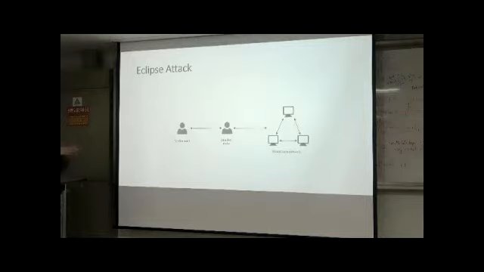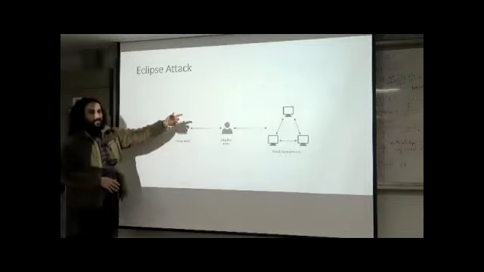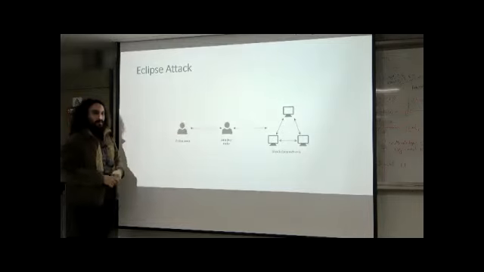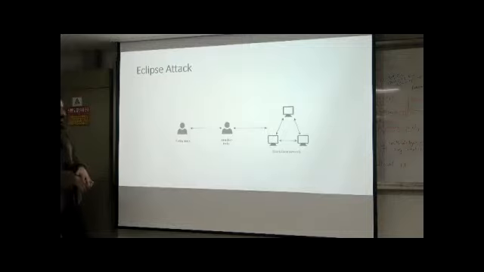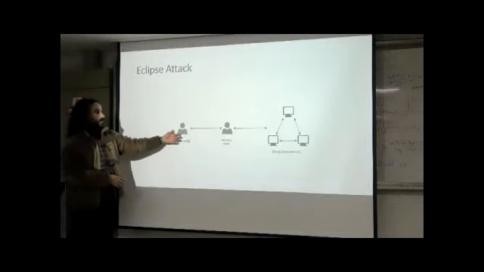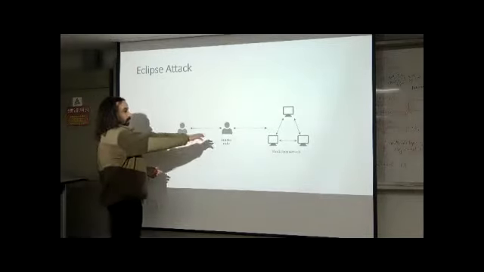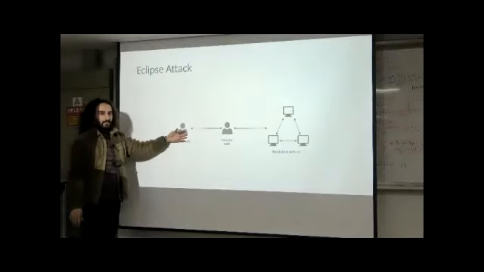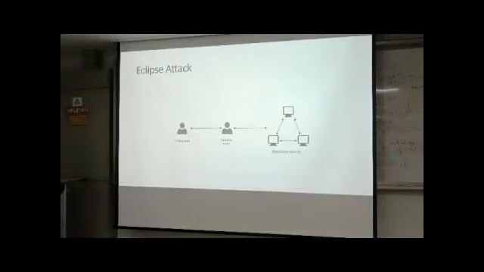So it isolates the victim node from getting information from the blockchain network. So there is no transaction coming, there is no information. Like if he sends one transaction, the transaction will not go. The attacker node will say there is no balance, for example. So this is one type of Eclipse attack.